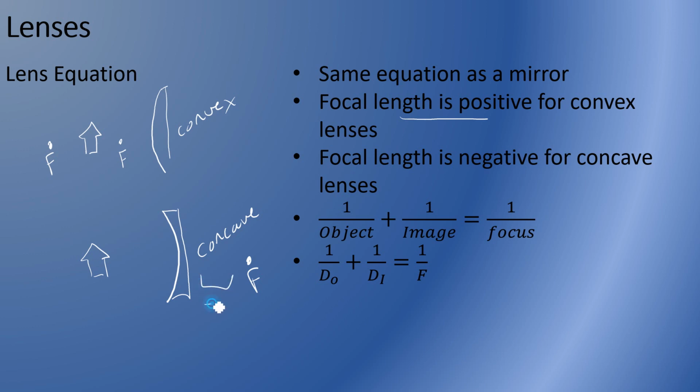Okay, so this would be our negative, and this would be a positive value for the focus. Now, in each case, we should be able to view the object on the other side, and we could flip around the lenses and have a different effect, but we're assuming that it's on the side that is convex and the side that is concave.